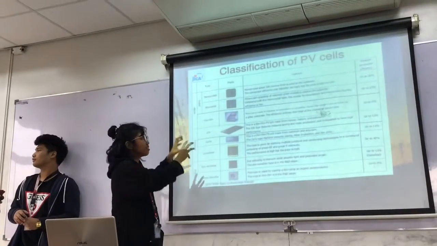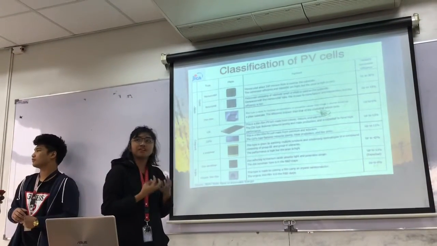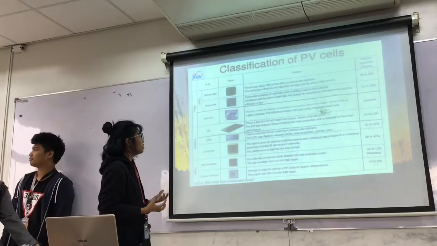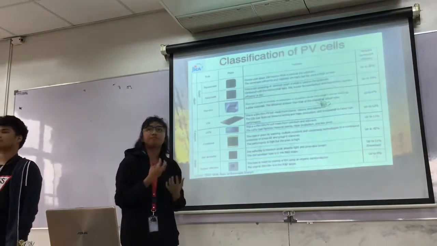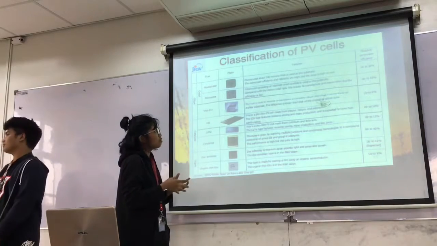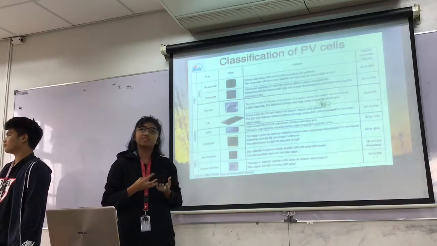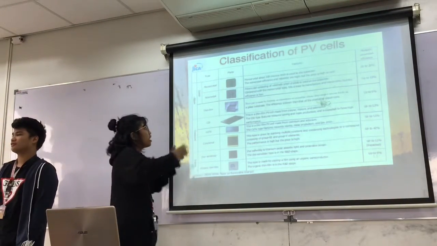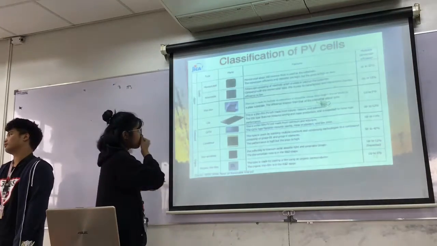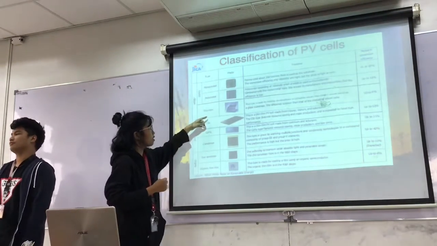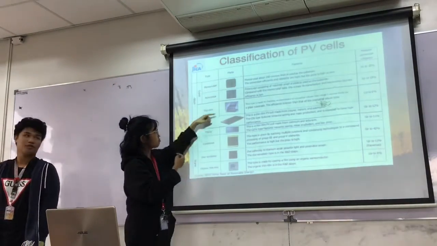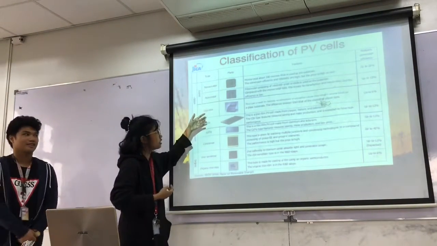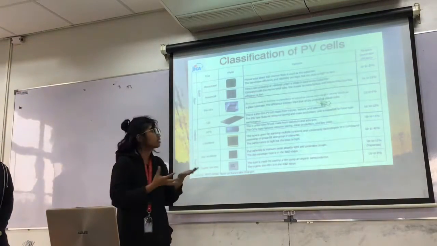So yun lang yung disadvantage niya. Since sobrang ganda ng quality niya, sobrang mahal niya din. Unlike sa polycrystal, it's affordable. However, yung quality na napoproduce niya isn't that good as monocrystal. And then yung sa thin film, hindi katulad nung dito, sa monocrystal and polycrystal, para siyang glass.